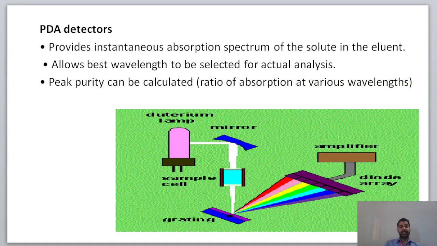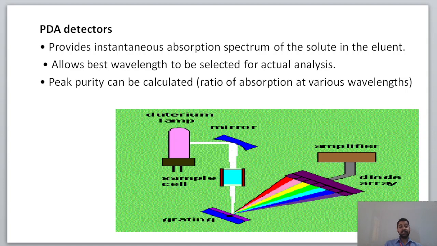Next is the PDA detector, photodiode array detector. This type of detector can be used in order to determine the peak purity of the sample. If you have to collect the peak purity of any chromatogram, then we have to go for the PDA detector.